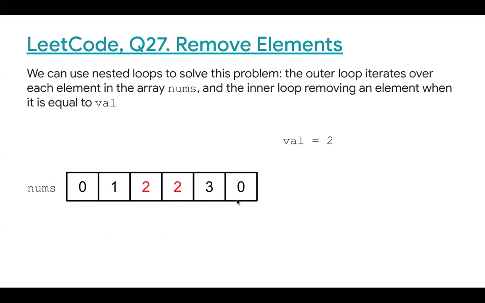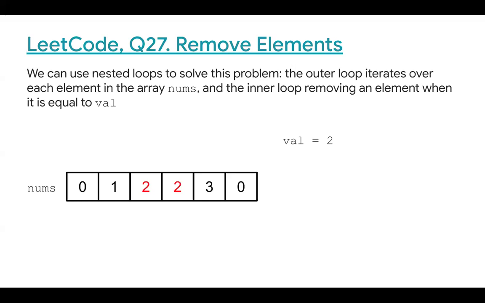So in the last lecture, we have already learned how to remove an element from the array, right? Especially when this element is at the beginning or in the middle of the array. So to solve this problem, we can loop over the entire array.